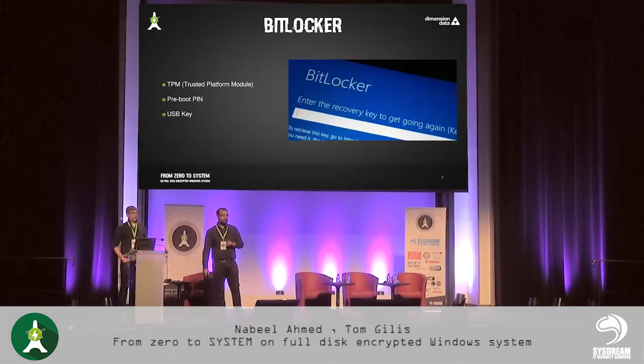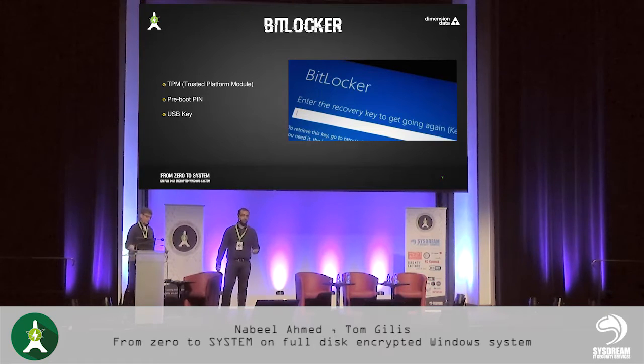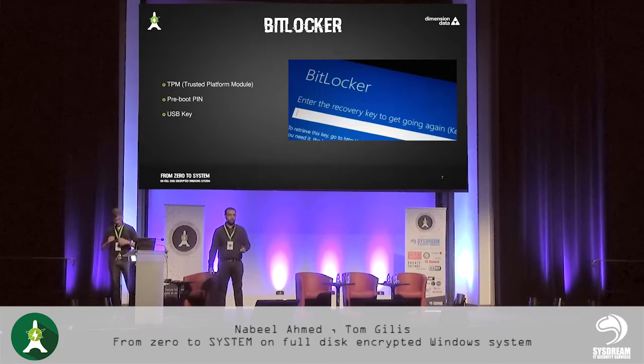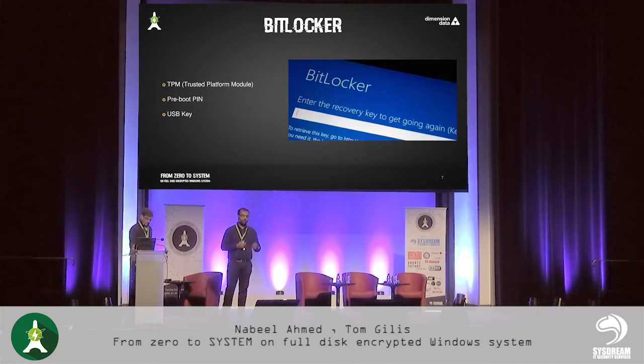A little bit about BitLocker, because we are going through the prerequisites of these vulnerabilities. First of all, BitLocker has 3 ways of implementing it. The first one is TPM, which uses a built-in chip on the motherboard, which stores the secret key in order to decrypt the hard drive. Then you have the pre-boot pin, as the name suggests.